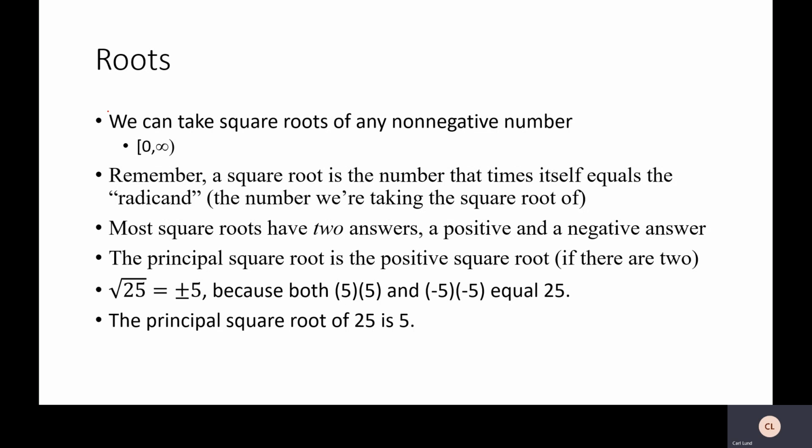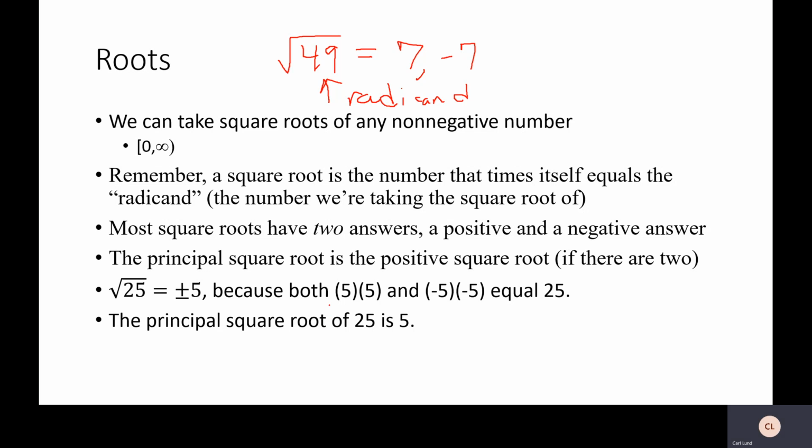So for example, if we are taking the square root of 49, we're looking for what number times itself equals 49, which of course is either 7 or -7. The number under the radical sign is called the radicand.